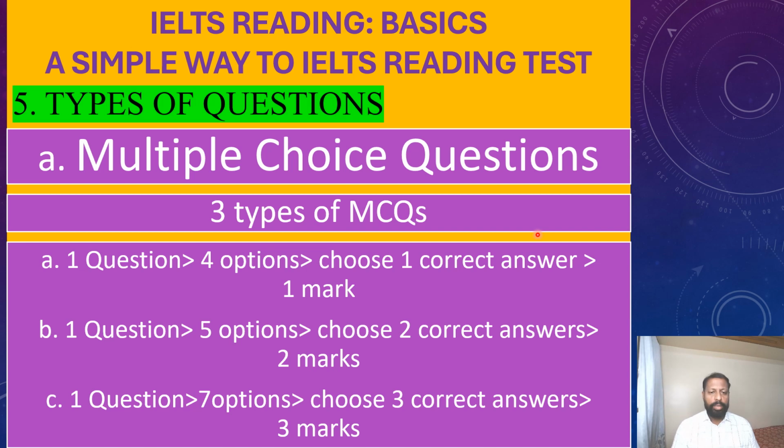Then the third type of MCQ, one question, there would be 7 options like options A to G, and you may be asked to choose 3 correct answers, and definitely you are eligible for 3 marks. And interestingly, this particular third option is rare. Okay, however, you can expect it as well.